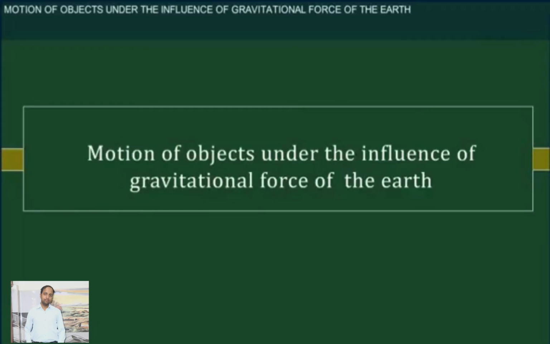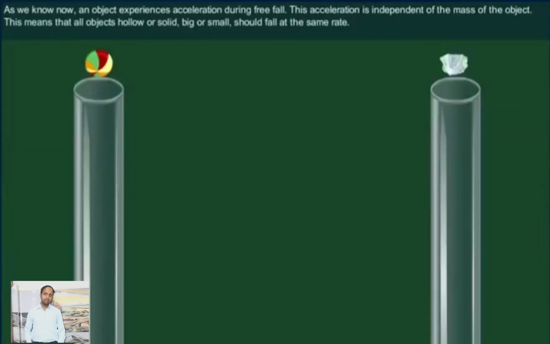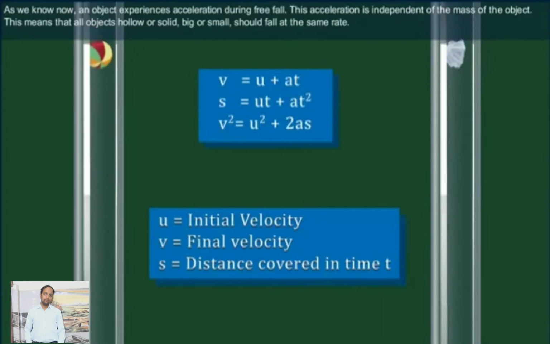Motion of objects under the influence of gravitational force of the earth. As we know now, an object experiences acceleration during free fall. This acceleration is independent of the mass of an object.